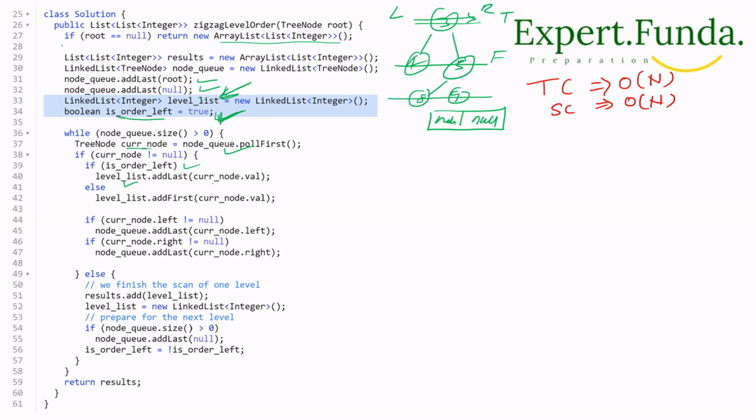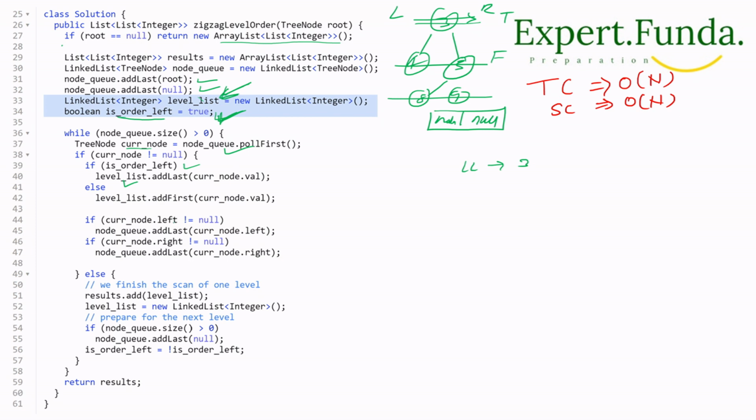So we'll take the current node dot value, meaning we will add our root node into the level list. So there will be some level list in which we will add our root value. Let's suppose 3 we will add there. Now the else condition will not work here because this is not the right one, this is left order. So we'll continue here.